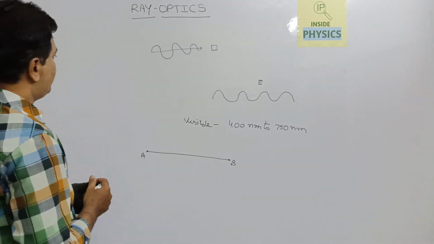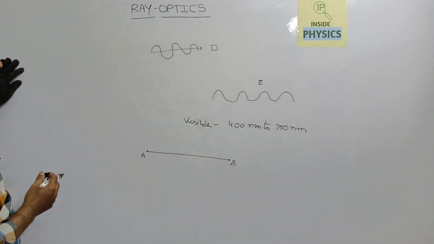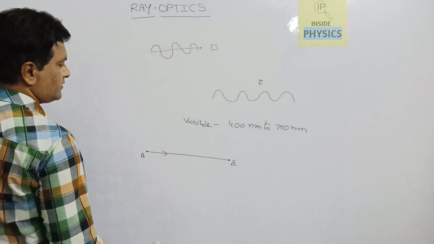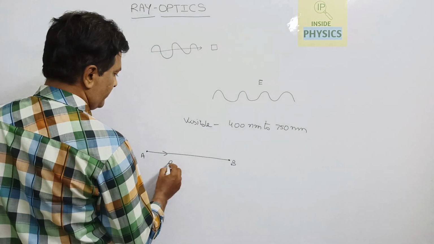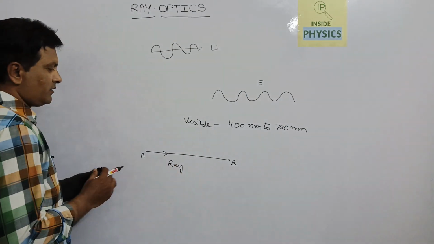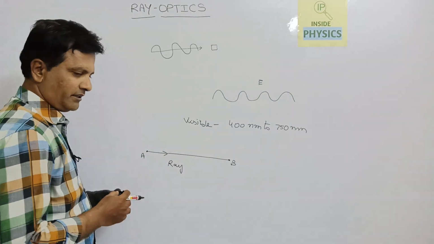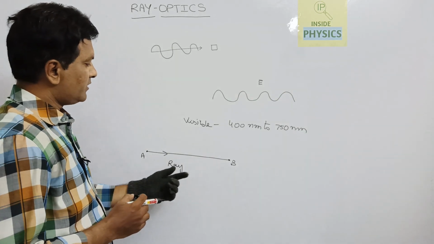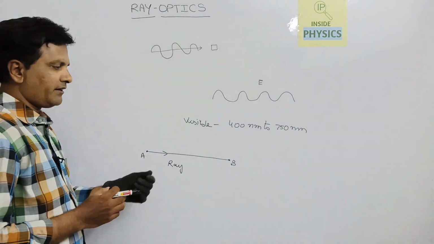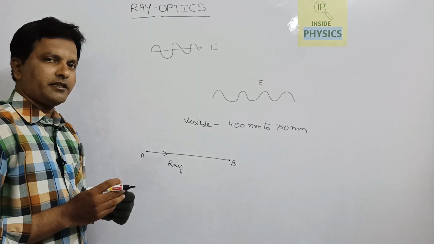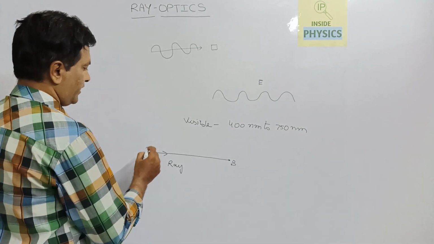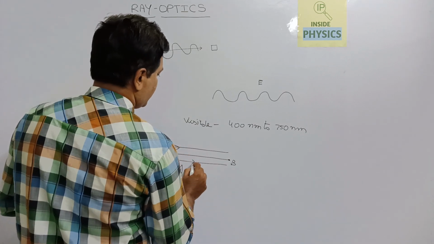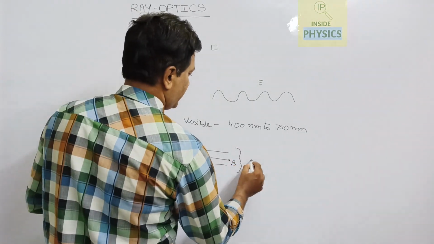If we consider the wave moving in a straight line, the path of the light in a straight line is considered a ray. A single ray constitutes the light ray, and a bunch of rays together, a number of rays, is called a beam of light.